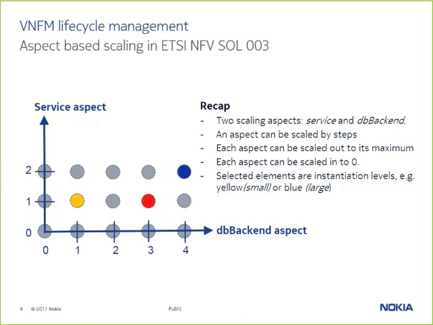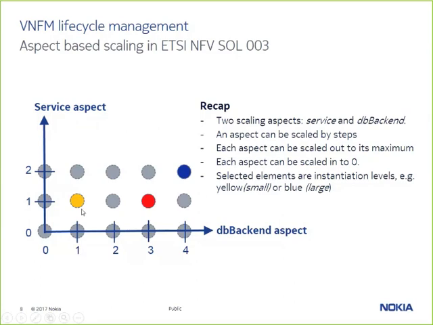In this example, we have a service aspect, which is scaling from 0 to 2, and the DB backend aspect, which is scaling from 0 to 4. Each step can have a certain amount of virtual resources. As you will see in the demo, the service aspect will scale in one step with 2 virtual machines, while the DB backend scales with 1 virtual machine in one step.